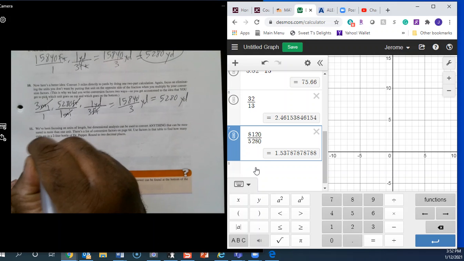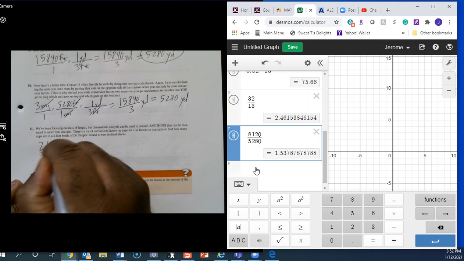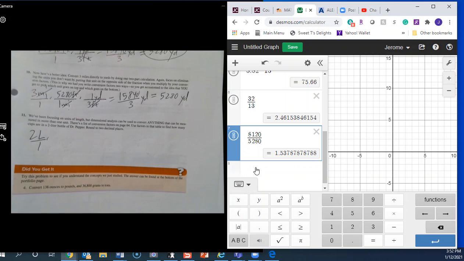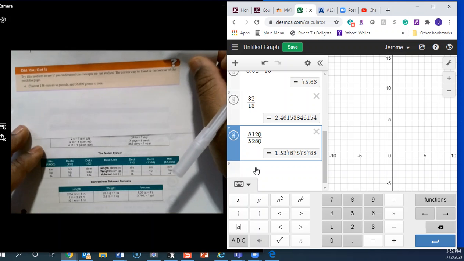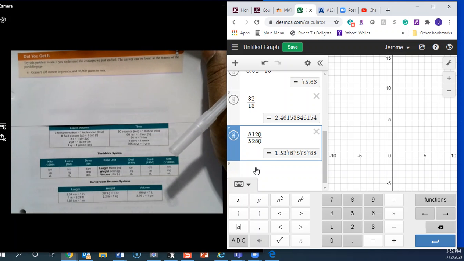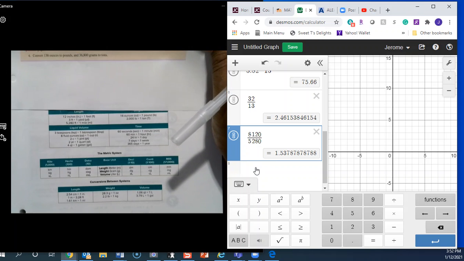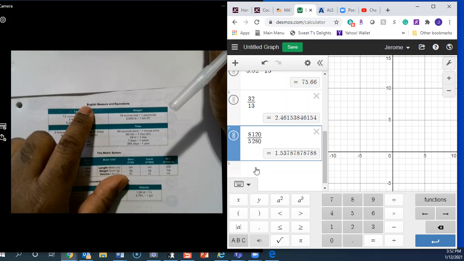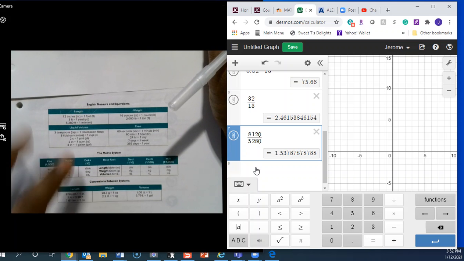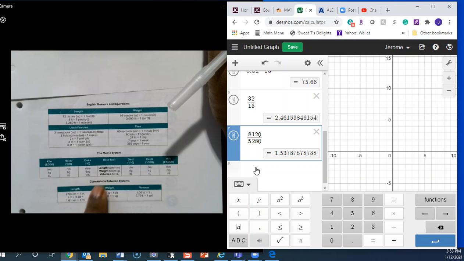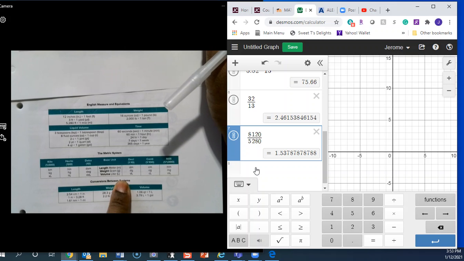So first of all, we're going to start off with 2 liters. Now, we want to know how many cups are in a liter. So we're using 2 different conversion systems. We had an English measurement system, and then we had a metric system, and then conversion between systems.